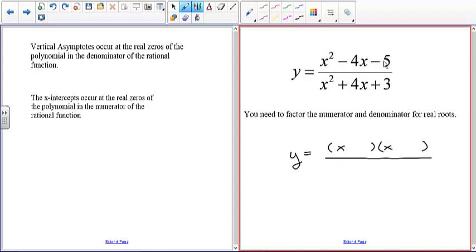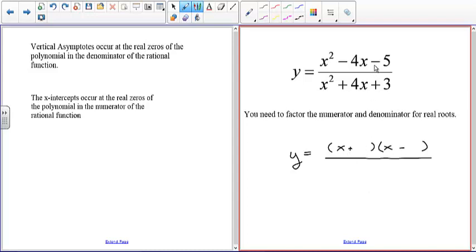So we have to say what two numbers multiplied together give us -5, but added together give you -4. Because we have a negative sign here, we know that one of these factors has to have a positive sign and one has to have a negative sign.